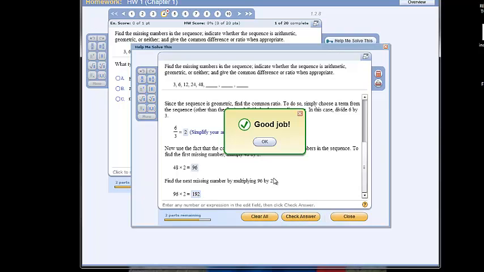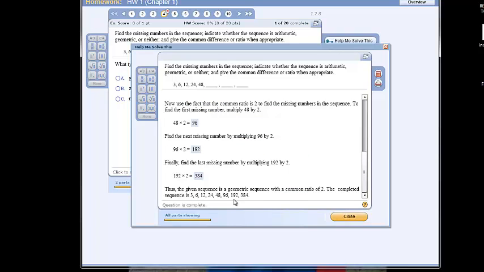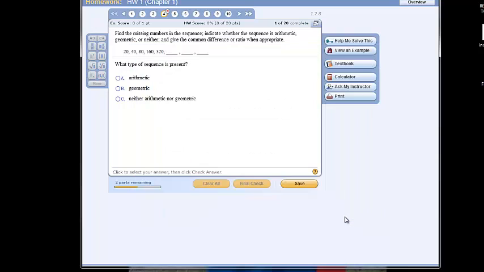Check that answer. And then 192 times 2 would be 384. And check that answer. And so there it summarizes for us that we have a geometric sequence with a common ratio of 2, and the completed sequence is the string of numbers here. And you pick close.